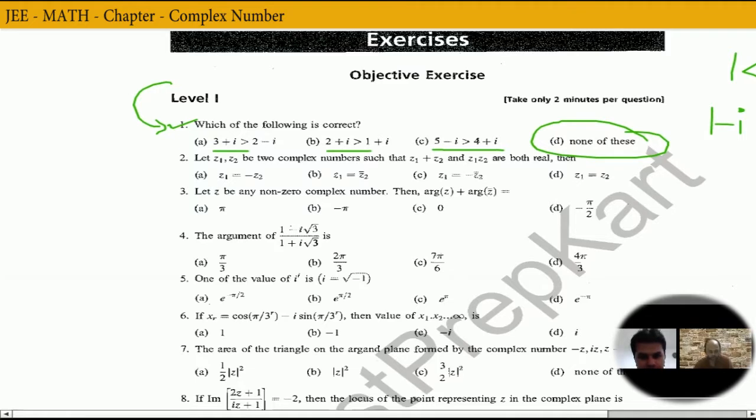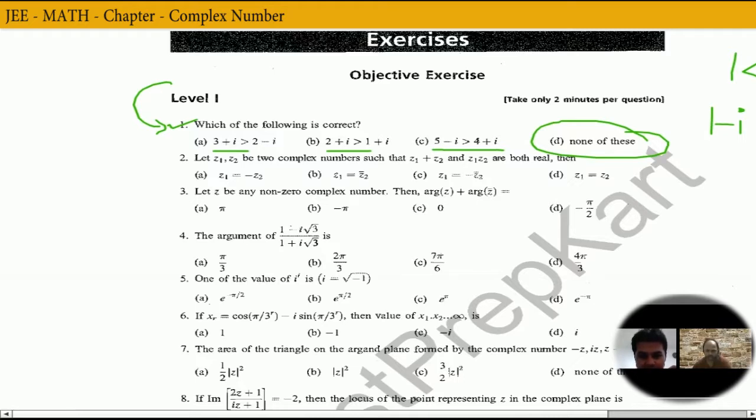Two minutes for this question. Isn't option A and option C the same thing? Same with B and option A.